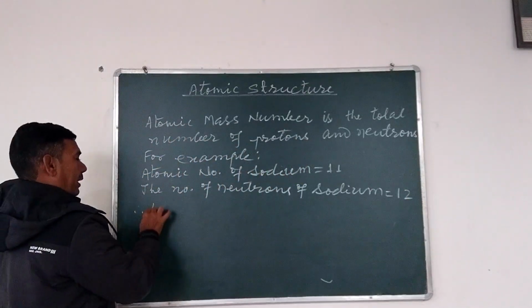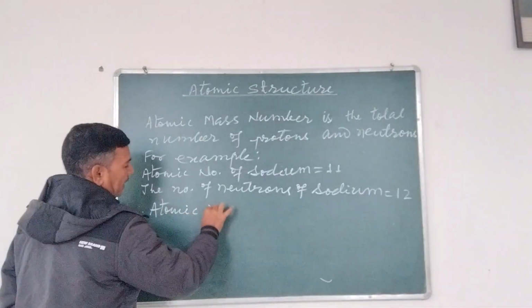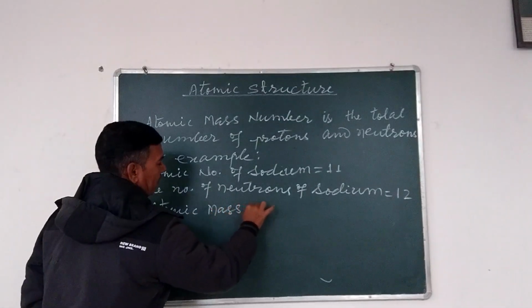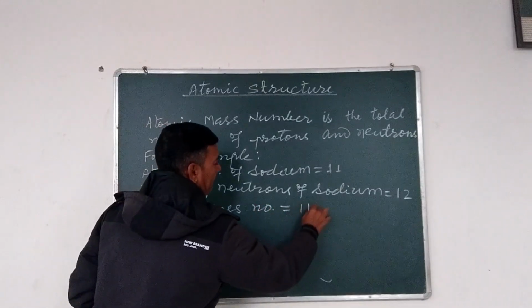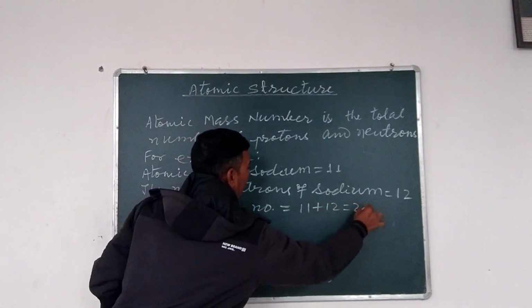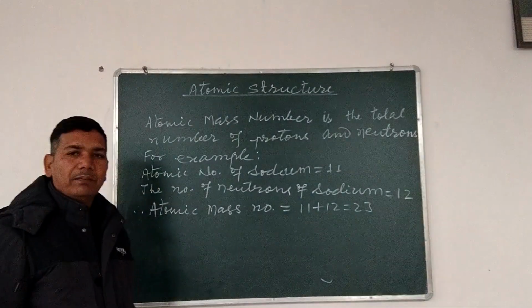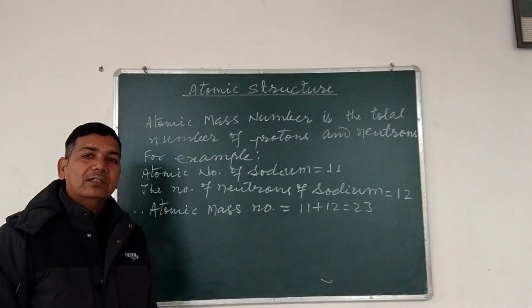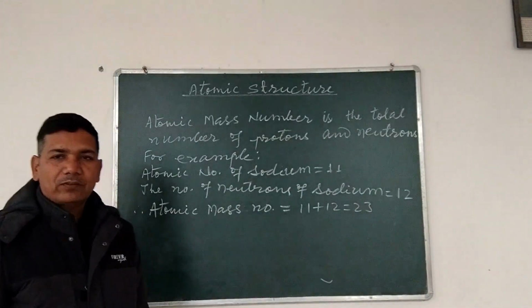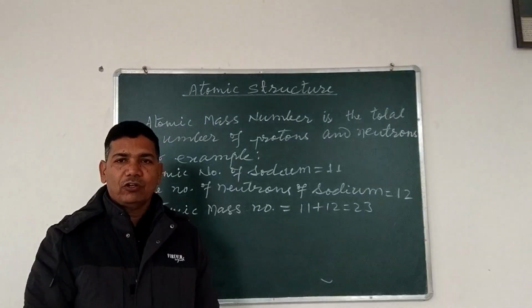Therefore, atomic mass number equal to 11 plus 12 equal to 23. It means atomic mass number of an atom is the sum of the numbers of proton and the number of neutrons.